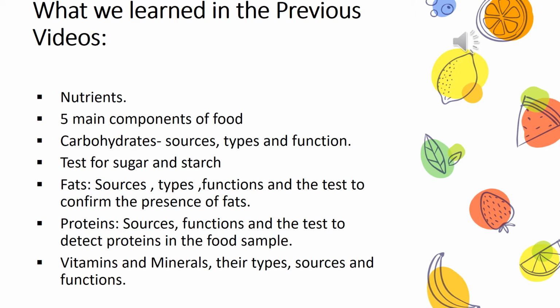Okay, today we are going to proceed with the further session, which includes roughage and water, which are also important components in our food. Apart from roughage and water, we are going to learn a concept called balanced diet.